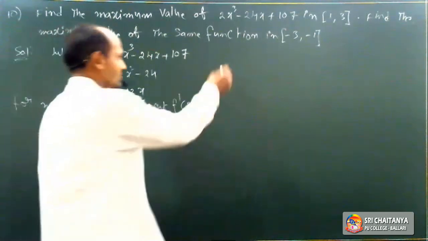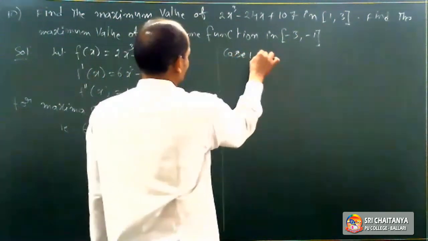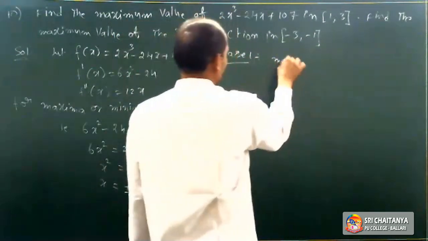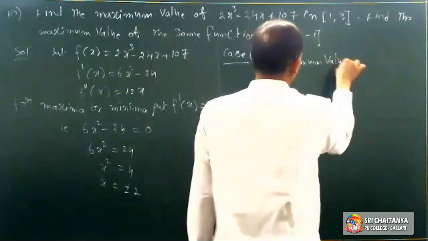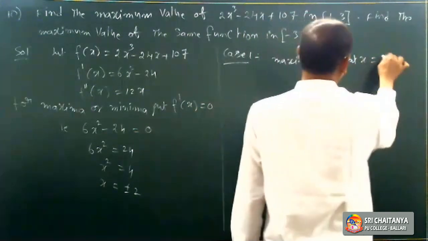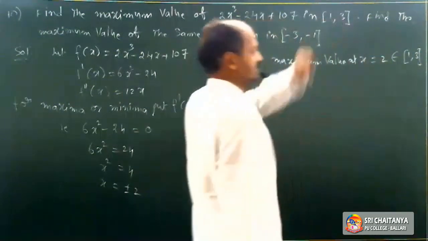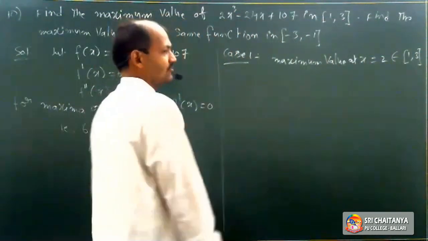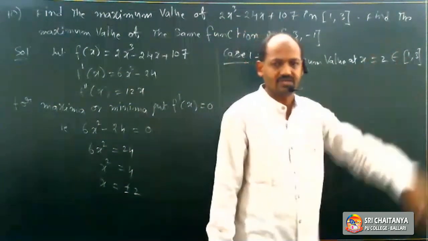Okay? Here we have two cases. Case 1, maximum value at x = 2. Here 2 is in between 1 and 3, so we have to find f(1), f(2), f(3).